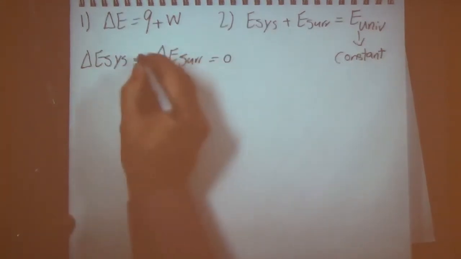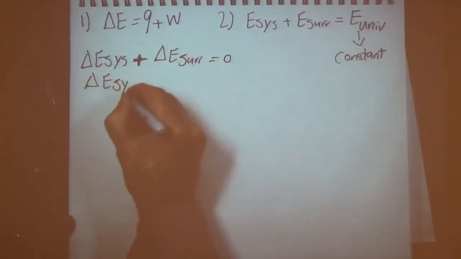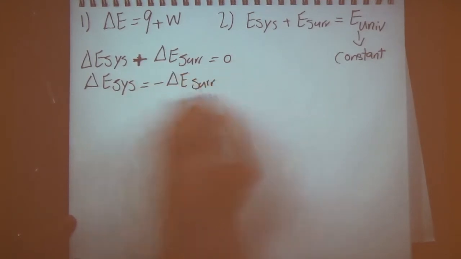You rearrange this formula, you get delta E of the system equal to minus delta E of surrounding.